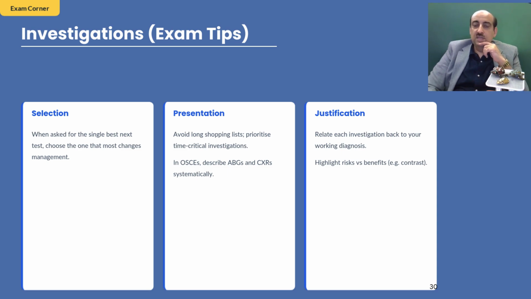Now, the same applies to the clinical presentation. Avoid the long details. Whenever you have an OSCE or an MRCP PACES clinical examination for the respiratory system, think of a structured approach: arterial blood gases, chest X-rays, investigations, etc., rather than rushing towards the bronchoscopy and all the advanced investigations.